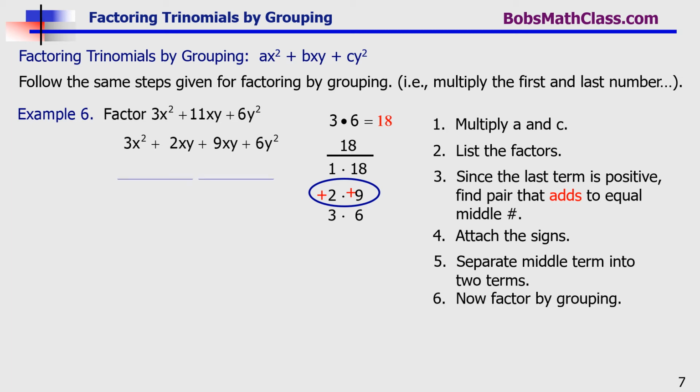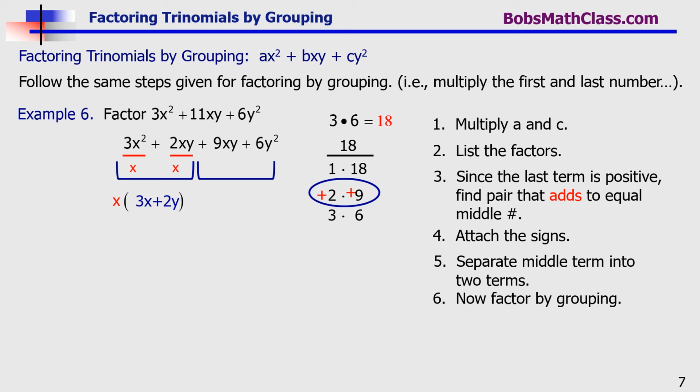Now we can factor by grouping. What can we factor from the first pair? Just an x. That'll give us a 3x plus 2y inside the parentheses.